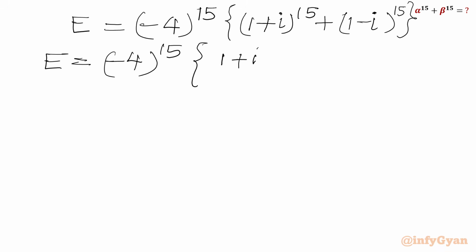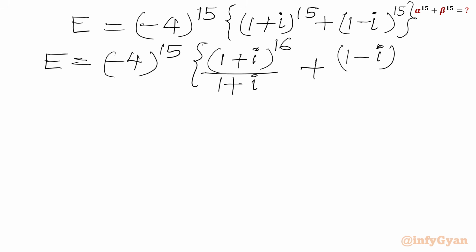I want to make this power even. I will write here 1 plus i whole power 16. So I have to divide by the same bracket 1 plus i. Similarly here I will write 1 minus i whole power 16, and then I have to divide by 1 minus i.